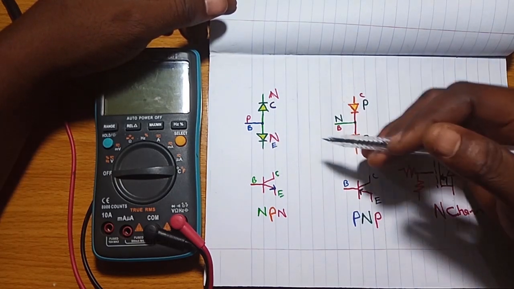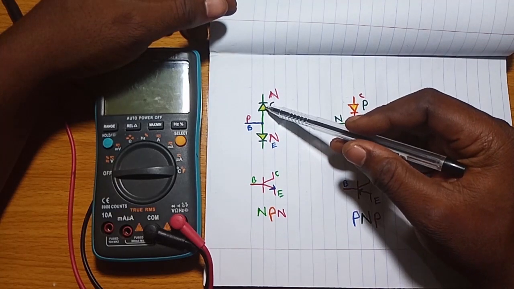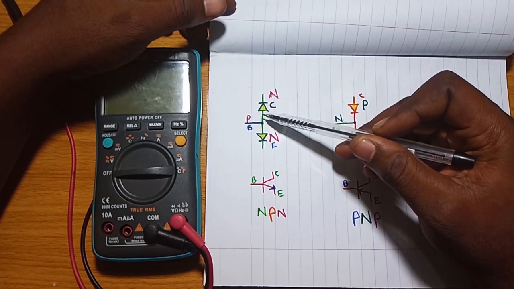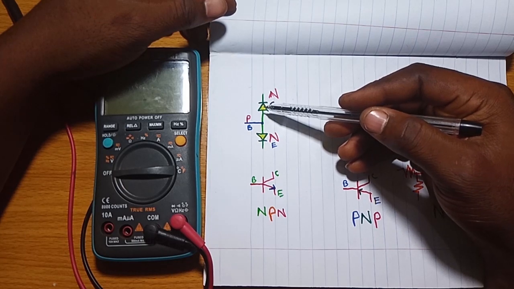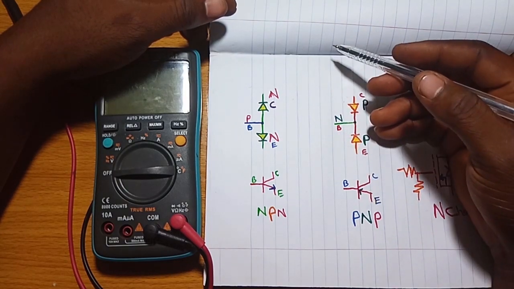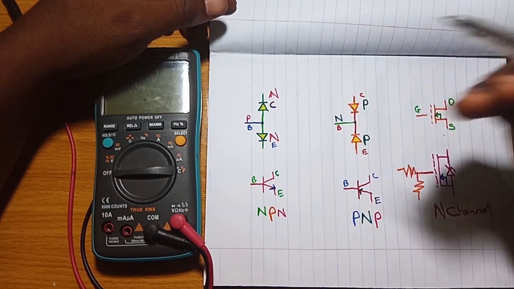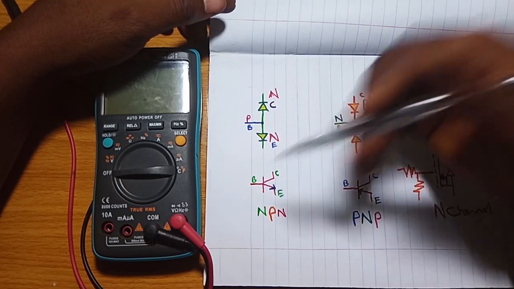But I'm drawing this just to show you how to check it. Looking at this equivalent circuit, it is made up of diodes. And we know that a diode only allows current in one direction and blocks current in the other direction. So that is the equivalent circuit of this transistor.